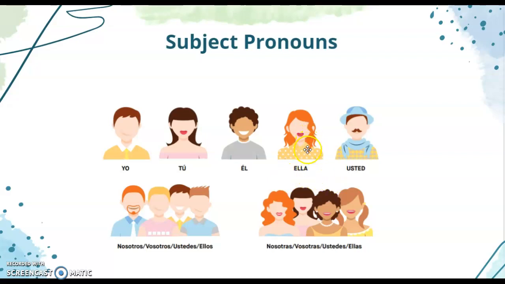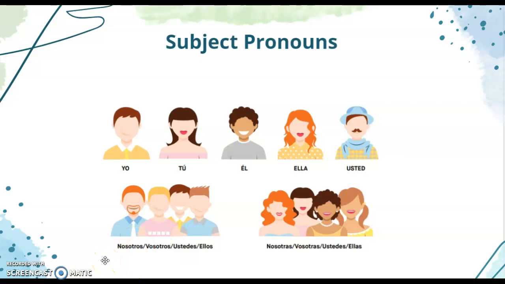Ella means she. Remember, the double L is pronounced as a Y. And usted means you if you're talking to a teacher or someone older than you, someone that you're going to be formal with. So tú is you if it's informal. Usted is you if it's a formal situation.